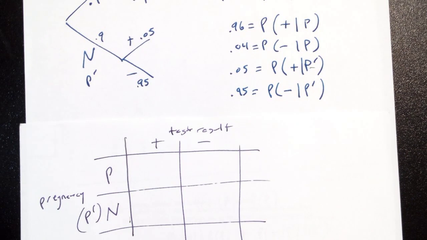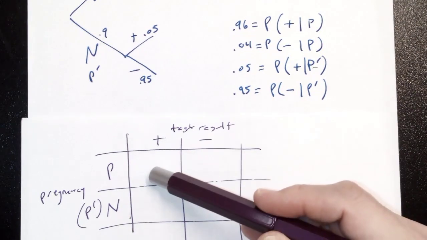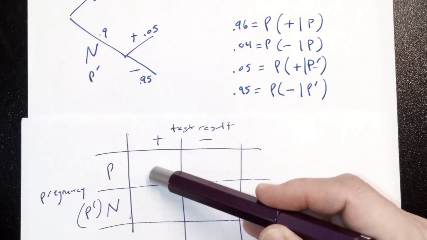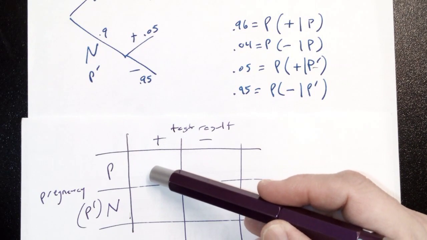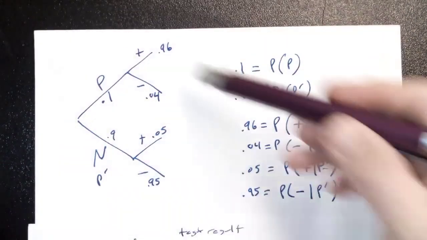How do I get the number in this box? From this tree.